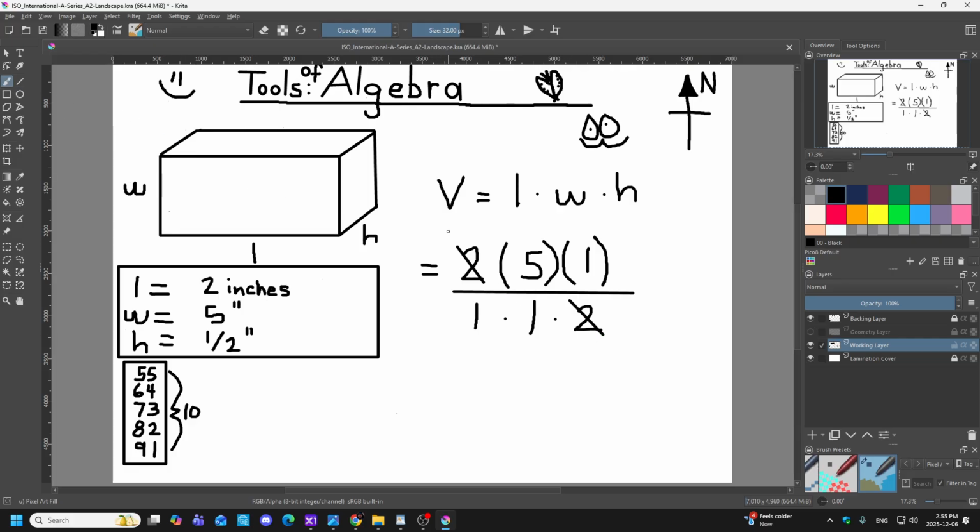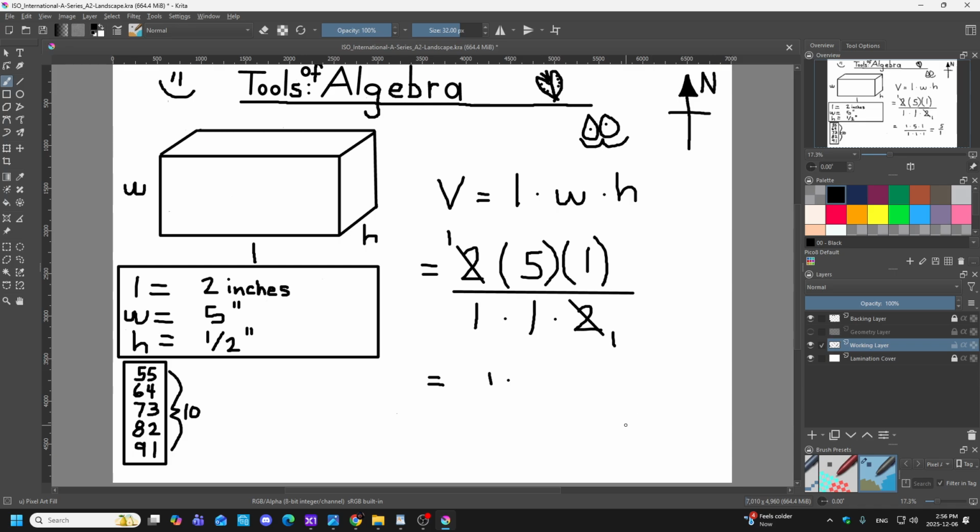2 divided by 2 is 1, so essentially we end up with 1 and 1. Okay, I'm trying to keep it as simple as possible, but we have 1 times 5 times 1, all over, well, 1 times 1 times 1, right? So we end up with 5 over 1, okay?